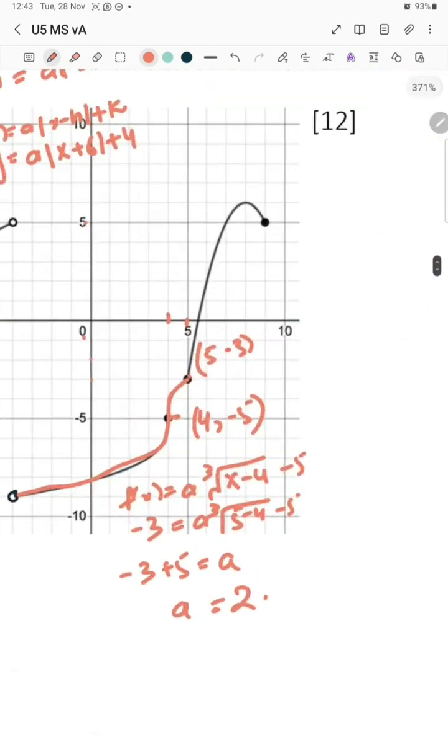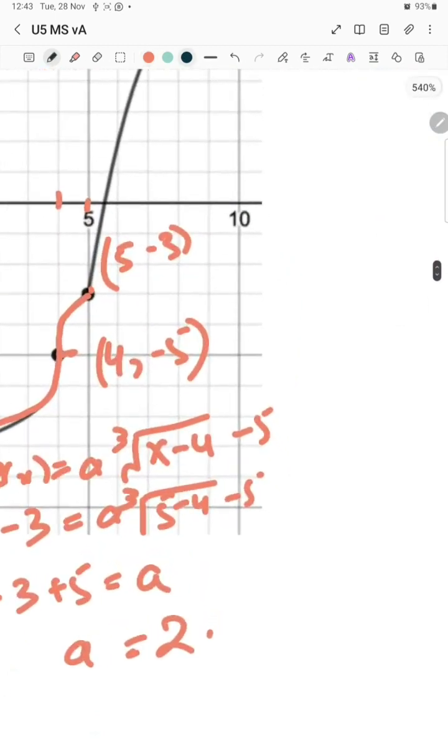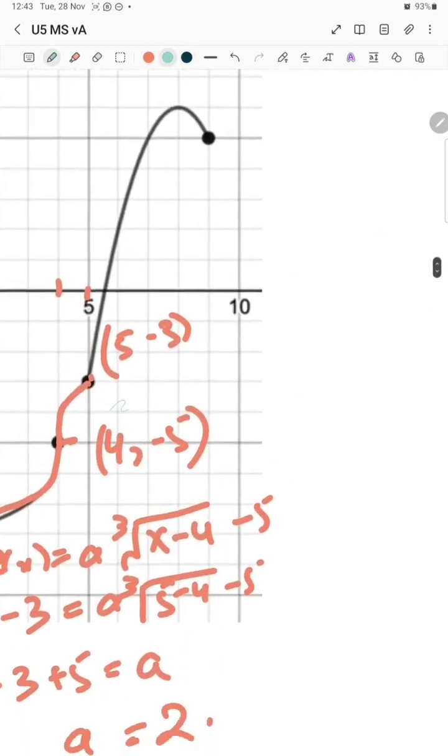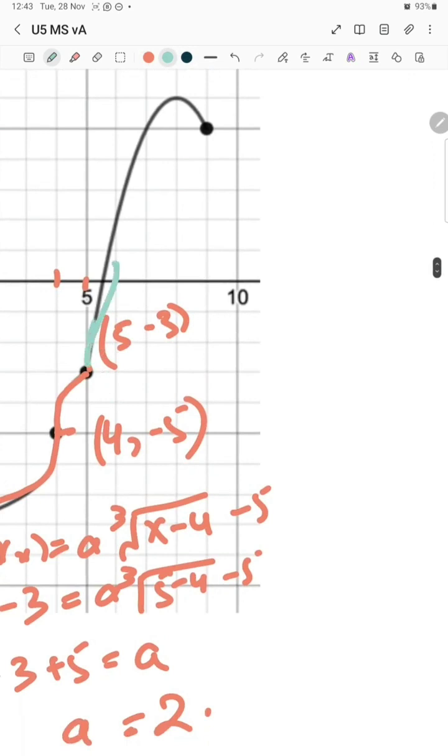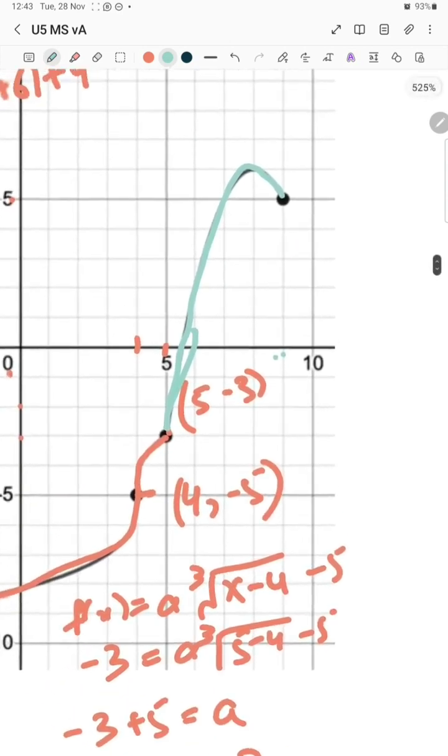The last one is the quadratic function. So the quadratic function, the formula would be, this would be 6, 7, 8, 9, 7, 8 and -6, so it would be +8 and -6.